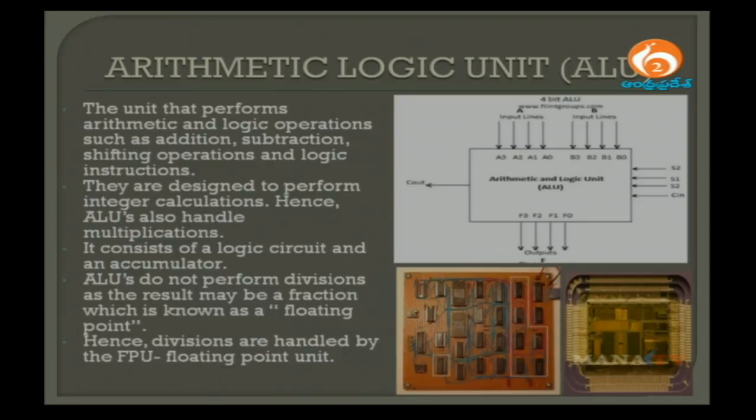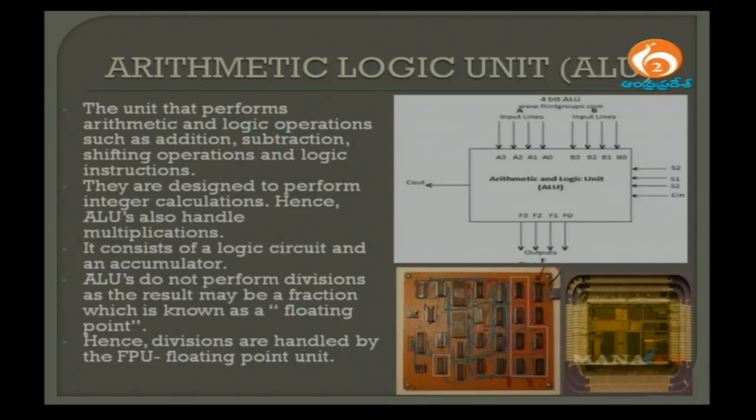In the diagram, you have a 4-bit ALU, where there are two bifurcations, one is A and one is B input lines. A3, A2, A1, A0 are the segments bifurcated in input lines of A, and we have B input lines where B3, B2, B1, B0 are the segment lines in the arithmetic and logical unit of the chip.